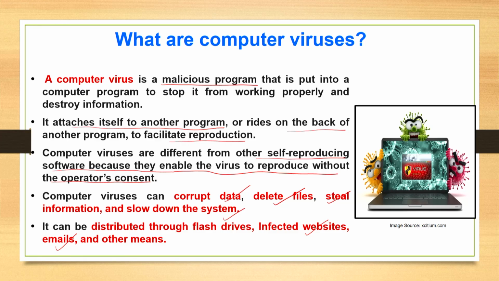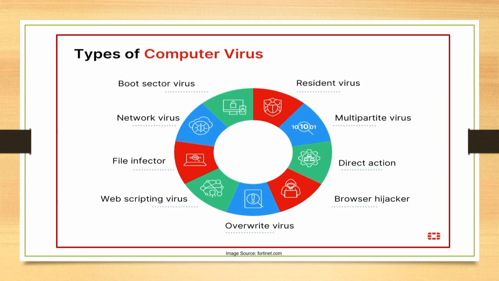Emails: in the case of an email, the attachment may contain the virus. If it is downloaded, then it may harm the files, programs or software of your system, and there are other means too. There are different types of computer viruses.